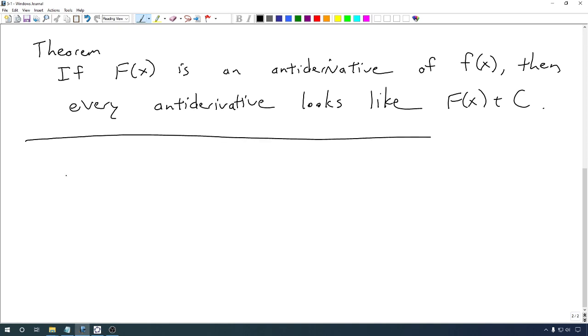We're going to denote this family of functions, this family of antiderivatives, like this. We call this the indefinite integral.